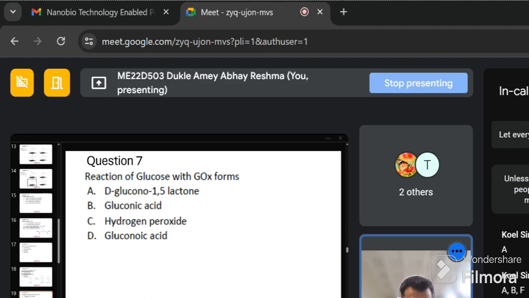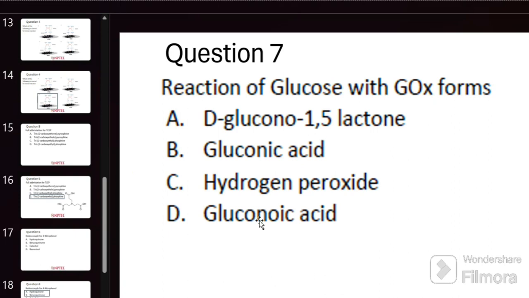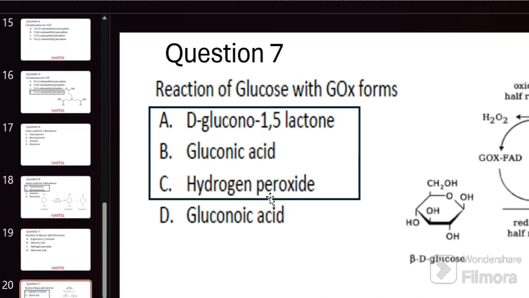We get three answers: gluconolactone, gluconic acid, and hydrogen peroxide.